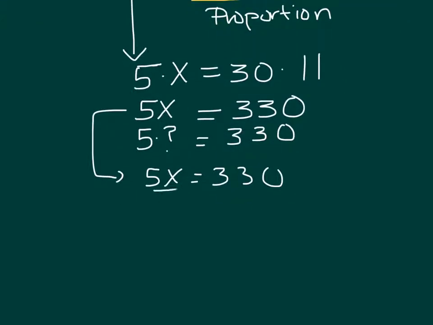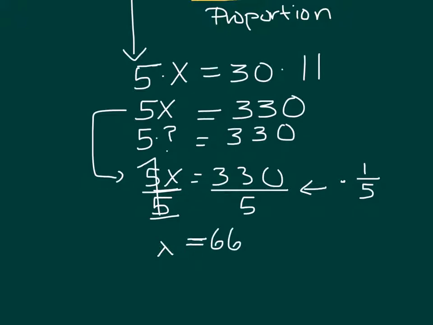So I'm going to multiply by a fifth. When you divide by 5, there's my 1x, so 1 times x is x. And if you take 330 and divide it by 5, you get 66. So x is 66.